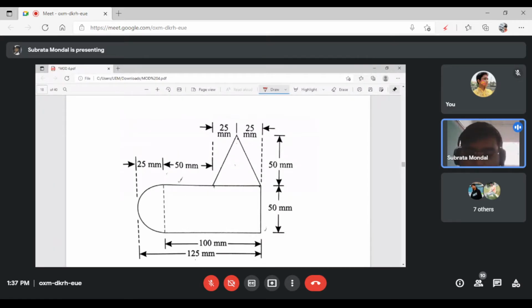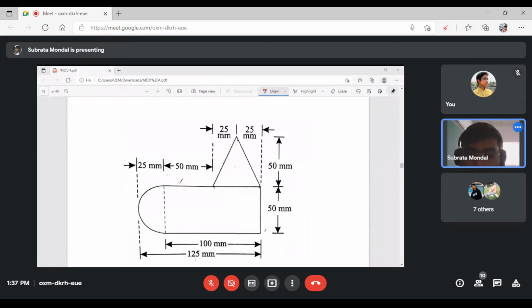Now look at this particular figure. Can any one of you suggest how I could solve this problem?